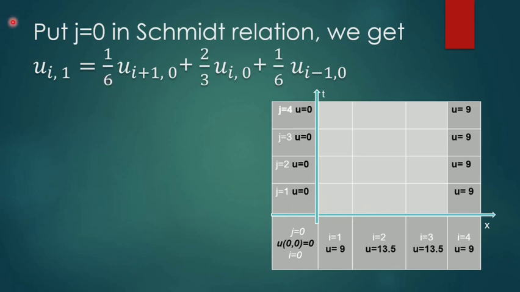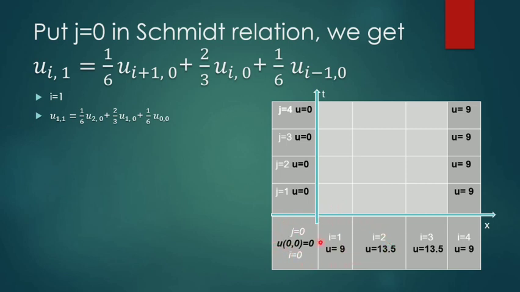Now you put i equal to 1 in this equation. What will you get? u 1 1 is equal to 1 by 6 into u 1 plus 1, that is 2 comma 0, plus 2 by 3 into u 1 comma 0 plus 1 by 6 into u 1 minus 1, that is 0 comma 0. So to find the value of u in this cell, that is u 1 comma 1, we are going to use the values of u from this row.